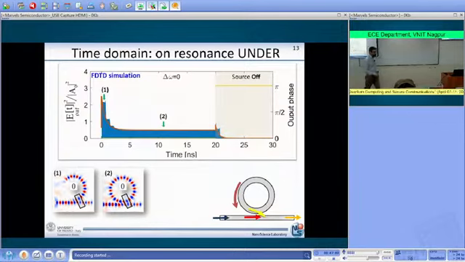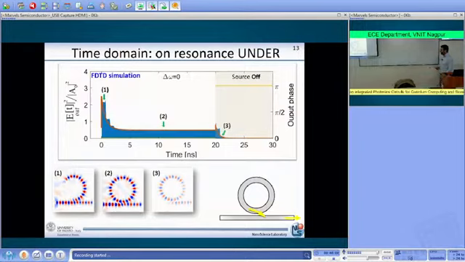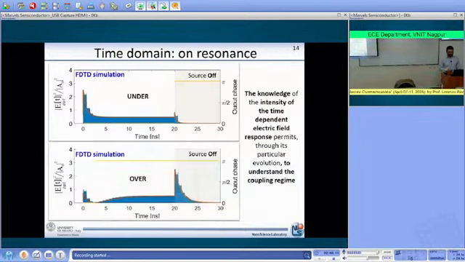And so, by looking at the temporal evolution of the field inside the microring resonator, we have explained why in the under-coupling condition you have a zero phase difference between the input field and the output field, while in the overcoupled region the field has suffered a phase shift of pi between the input and the output.